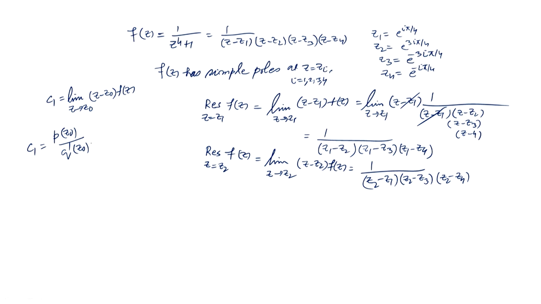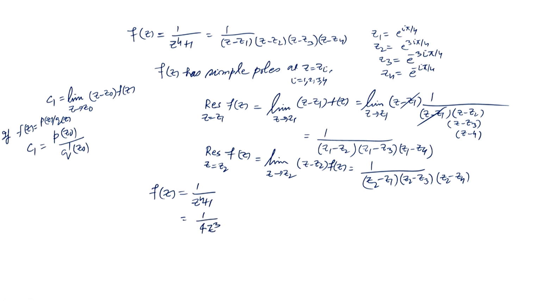What we have to do is simply differentiate the denominator. f(z) is 1 over z^4 + 1. Here we had taken f(z) as P(z) over Q(z). If f(z) is P(z) over Q(z), then we know that c1 is equal to P(z0) over Q'(z0). Denominator only we have to differentiate. So, here this will be 1 over 4z^3.